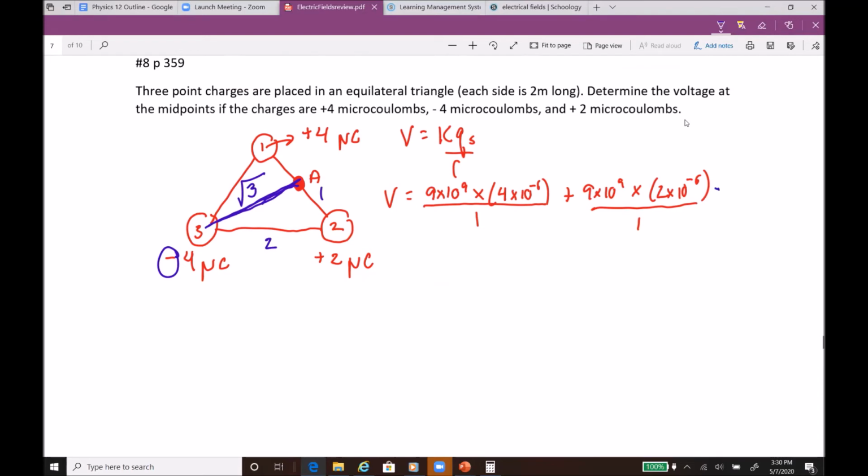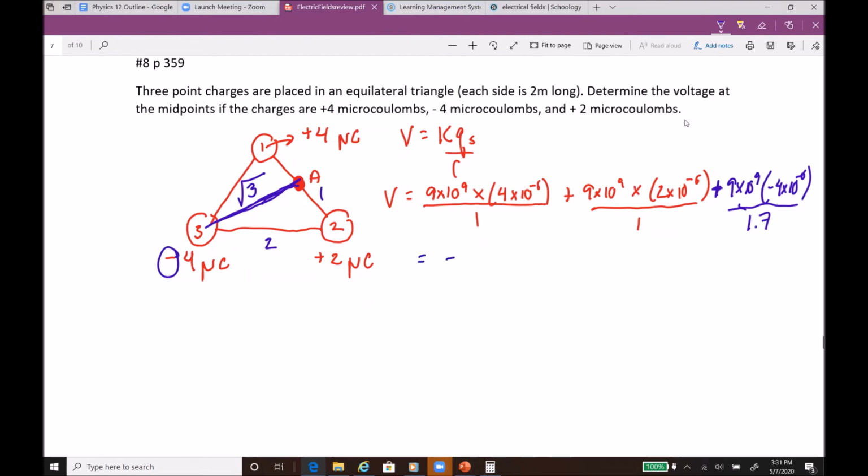How about we do this, just so we keep it consistent with the charge: plus 9 times 10 to the 9 times negative 4 times 10 to the minus 6, over root 3, which is about 1.7. We know it's going to be negative anyway. Just to save you some time, we add it all up.